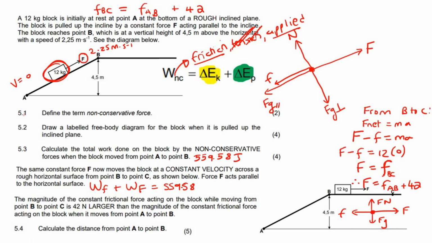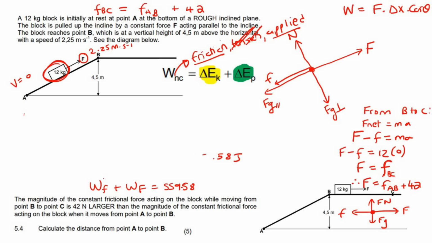What we can then do is go find the formula for work. Remember on our formula sheet, the formula for work is F Δx cos θ. So I can then use that formula for each of these two things over here. So I'm now going to use the formula for work on this one over here first.